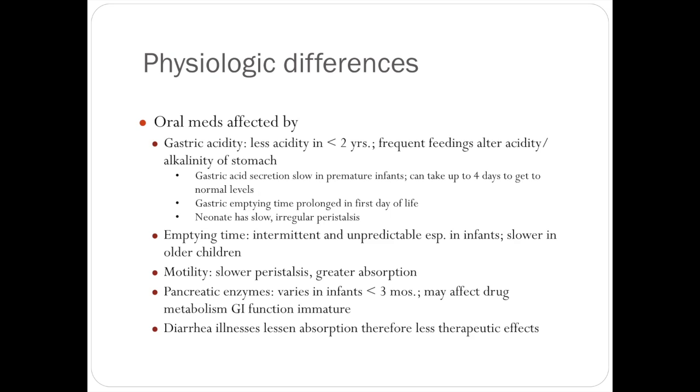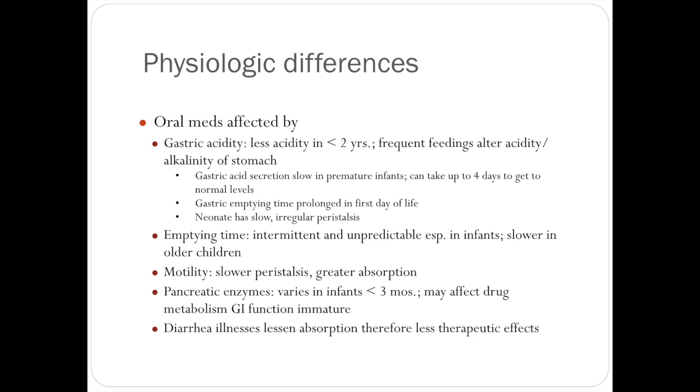Gastric acid secretion is quite slow in the premature infant, and it can take up to 4 days for them to develop the normal levels, and even that is less than in an adult. Their gastric emptying time is prolonged in the first few days of life, and then it becomes quite rapid. They also have very slow peristalsis in their gut.